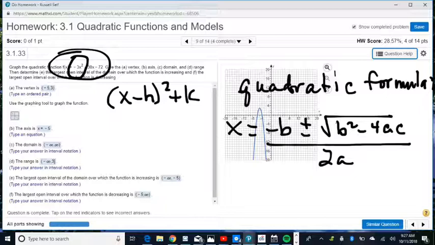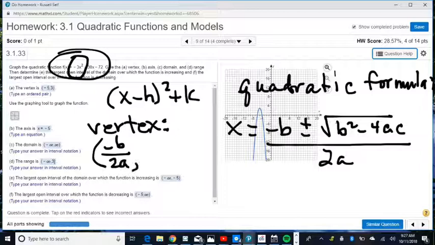And oddly enough, what's really weird about this is that the x value of the vertex of the parabola is always just that minus b over 2a part. So all we need is this bit of the quadratic formula to be able to find the vertex.